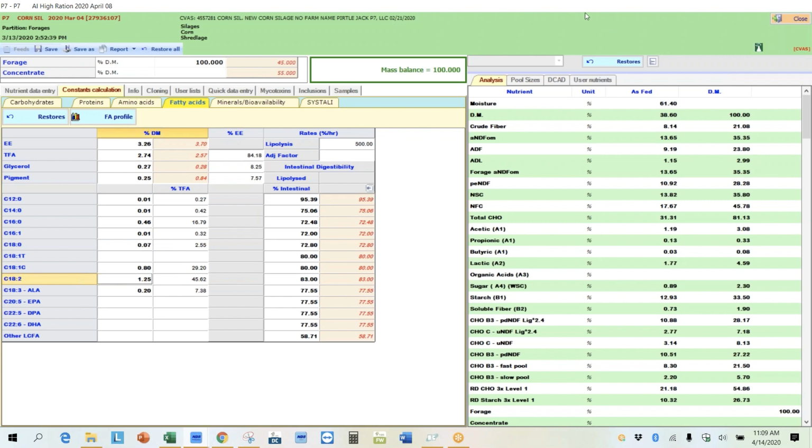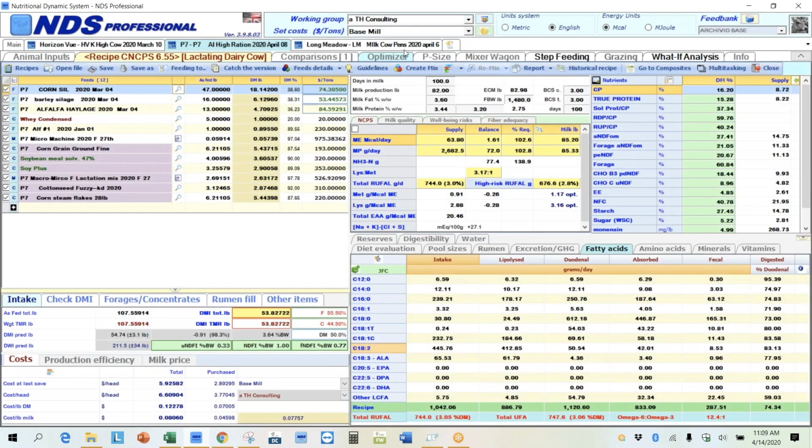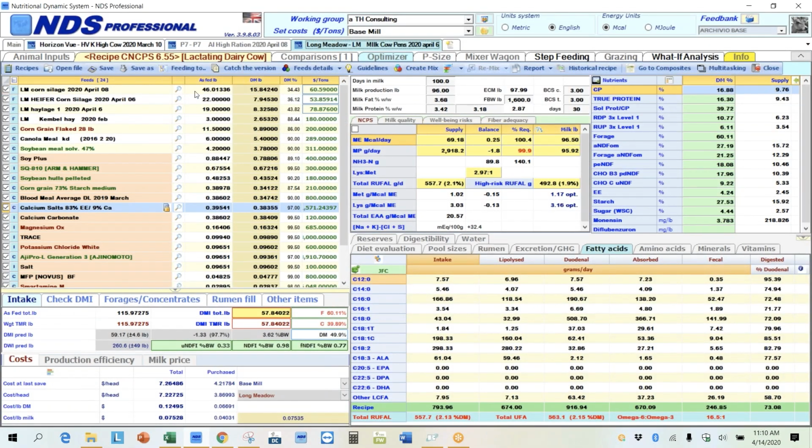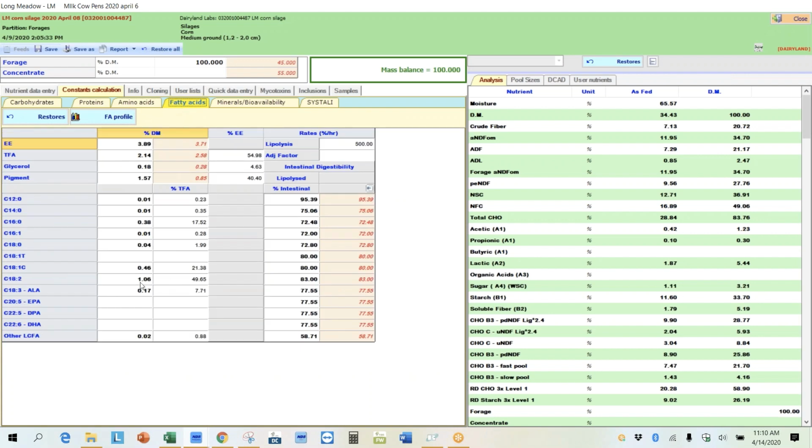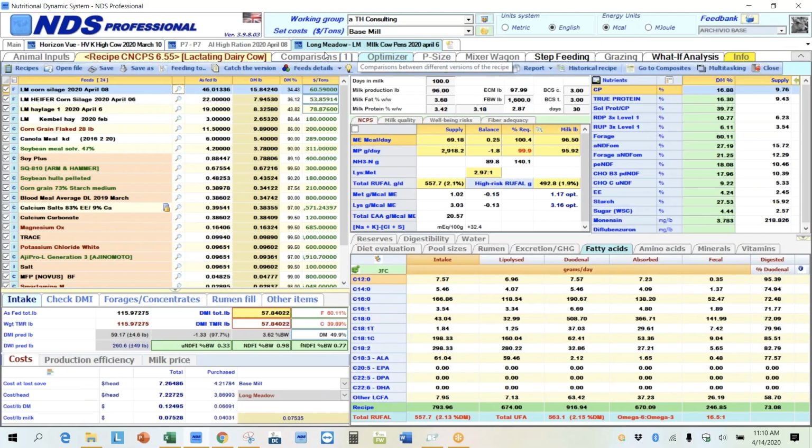It got me thinking about the contribution of these corn silages versus a corn silage from another farm that might have quite a different analysis coming through as far as 18:2 contribution in total fatty acid. It's something I think many of us have overlooked, and looking at the contribution of this 18:2 has really made me understand how we need to be sensitive to that.